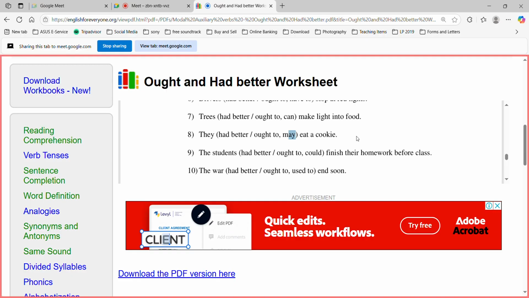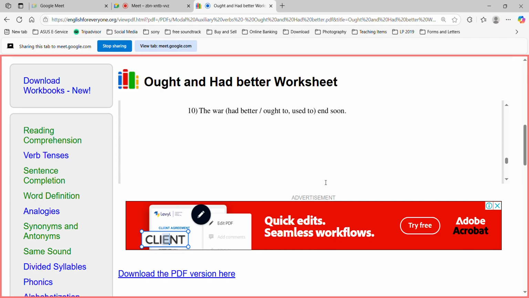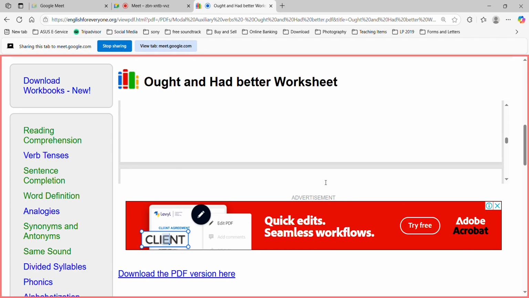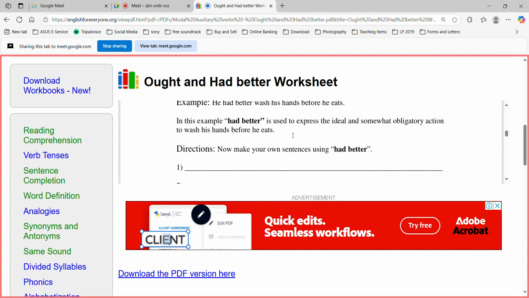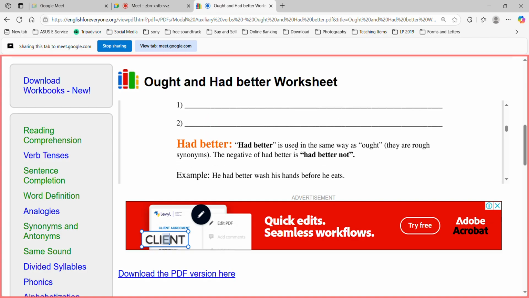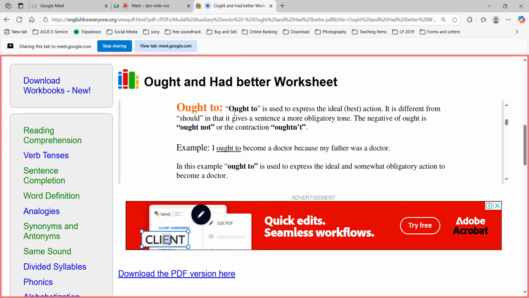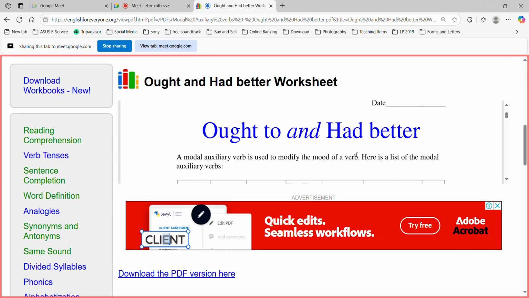Yes, used to, and soon. Good. All right. So now you know exactly how to use ought to and had better. But beware, students. Like I said earlier, please look at the sentence carefully. Which one you must use had better, which one you can use ought to, which one you can use the other auxiliary verb.